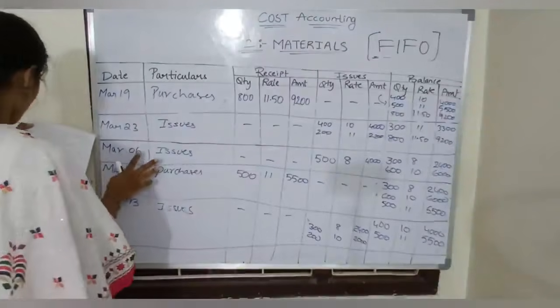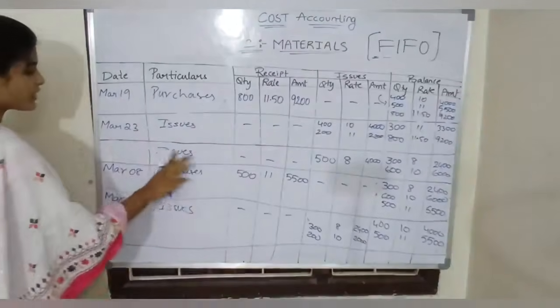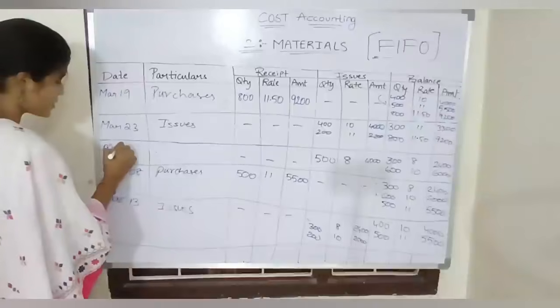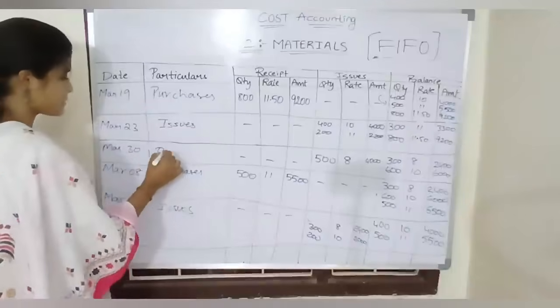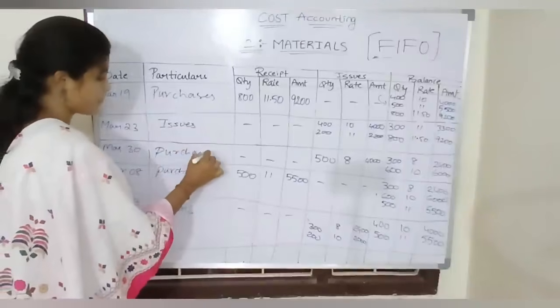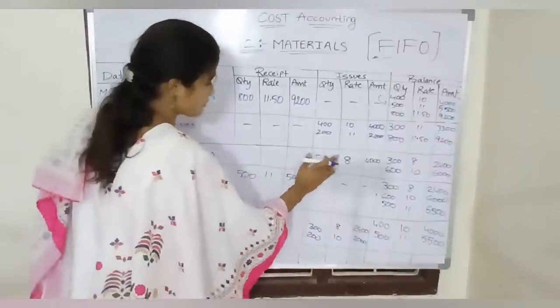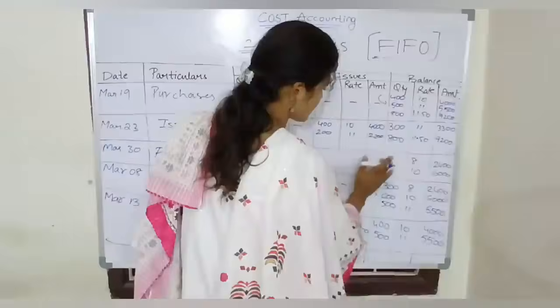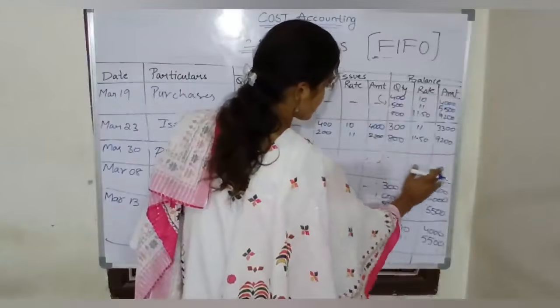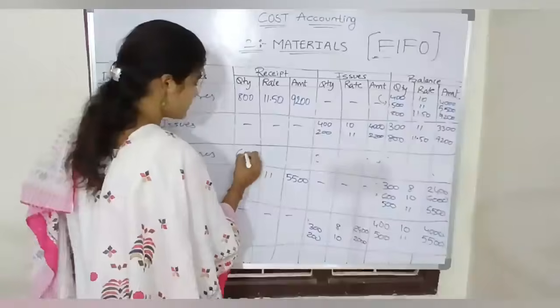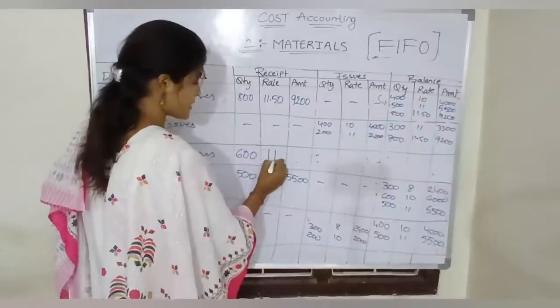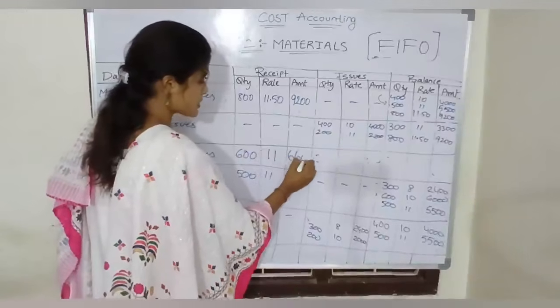So after March 23rd, March 30 we are having. March 30. What are we having? Purchases. How many units purchases are we having? 600 units. Rate of each unit is 11. Total 6,600.